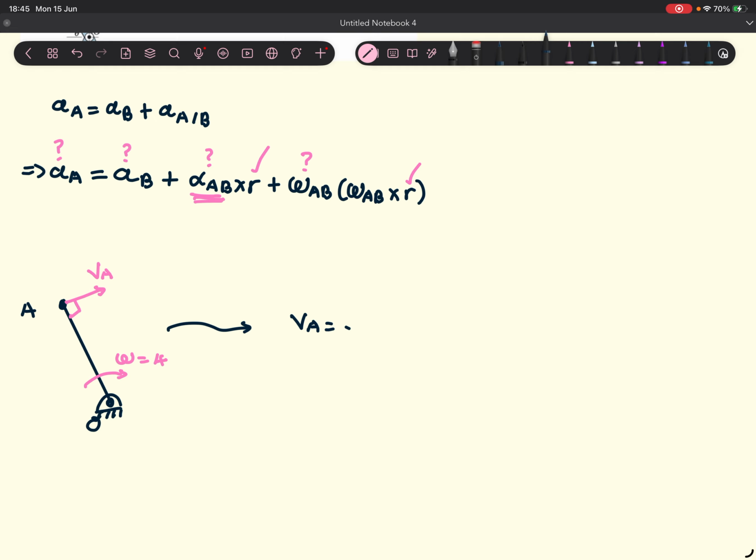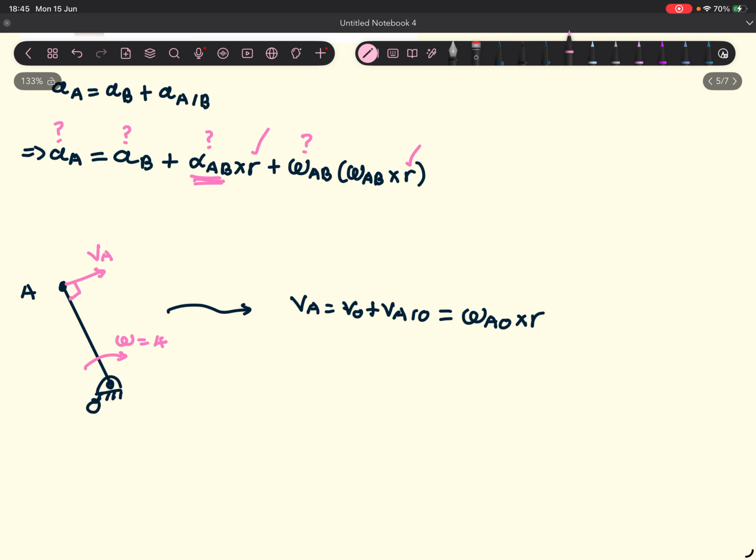You can do the velocity problem. VA is going to be equal to VO plus VA relative to O, which is just going to equal omega AO crossed with R, right? We have omega, we can get R, and we've solved for VA. So VA is going to be equal to, well, whatever it's equal to. Cool.